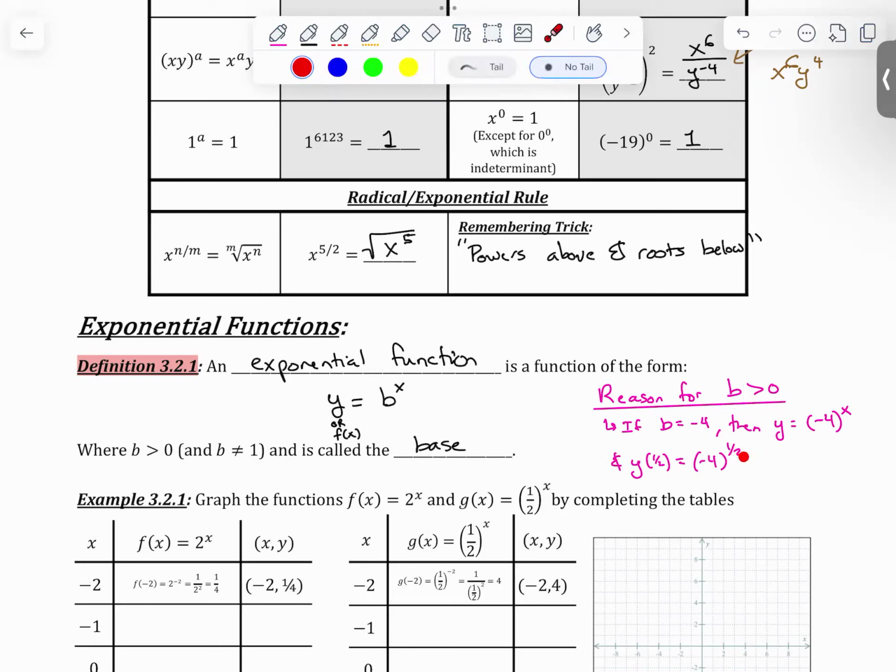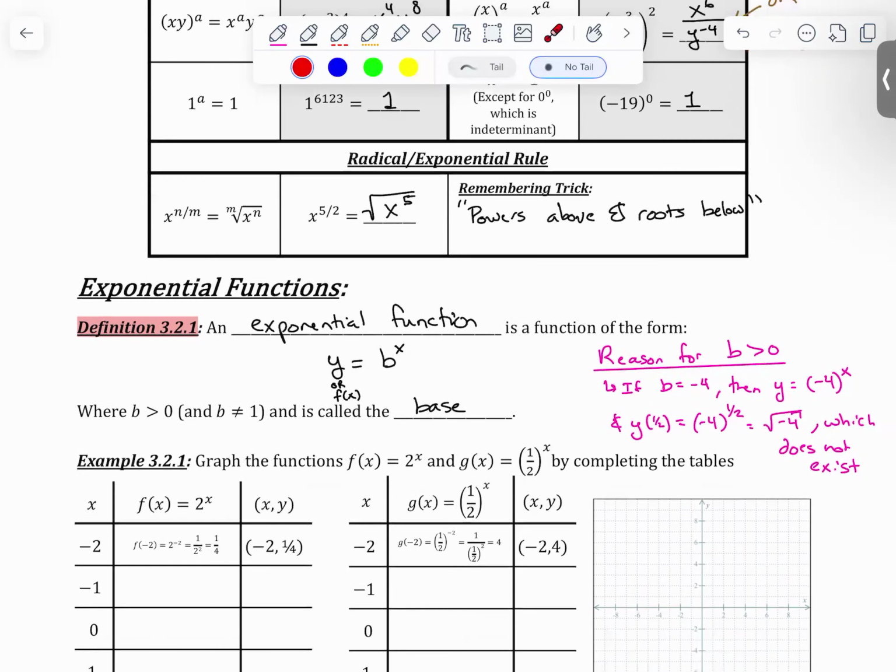So this would be the square root of -4 to the first power, the square root of -4, which does not exist. So the key thing is that we can't have negative bases because that ends up causing a lot of problems with all the fractions and stuff. Integers, it'll be fine with. -4 squared is +16. -4 cubed is -64, and so on and so forth. It's fine with the integers, but it's once we start working with radicals, especially even radicals, that things become problematic.